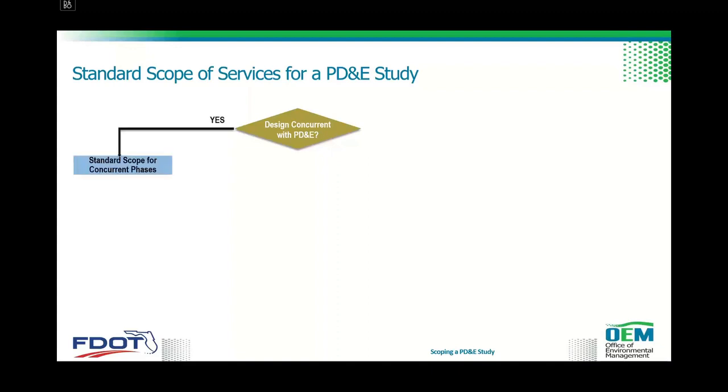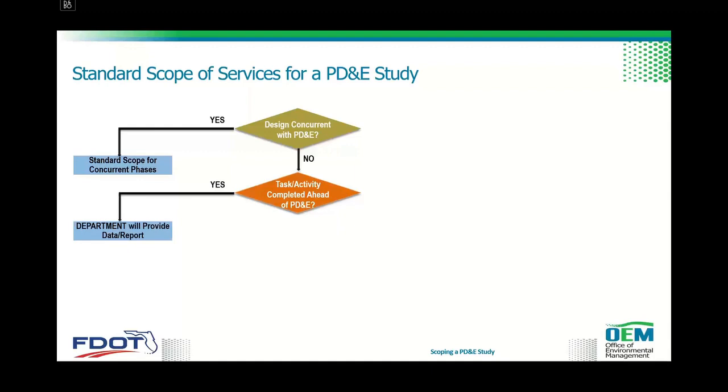So if the design project is concurrent with PD&E, then of course develop a standard scope of services for concurrent phases. If not, then you need to determine what tasks or activities have been completed ahead of PD&E, or should be. If there are activities completed ahead of PD&E, then the department provides the data or the report that will feed into the PD&E.